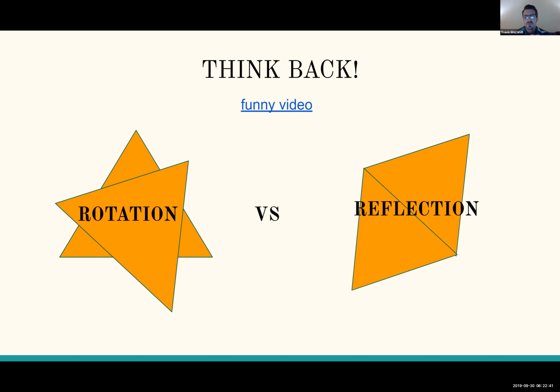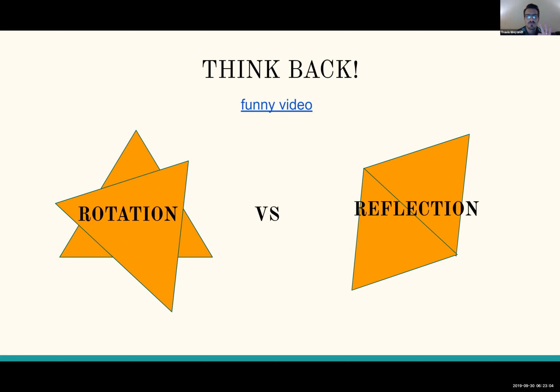Well, hopefully you're able to write down some information and some reflection and understand what's going on. So again, we have the idea of rotation versus reflection. The idea of rotation is something that is rotating, or we said maybe turning around a central location. So there's that, we said point of rotation.